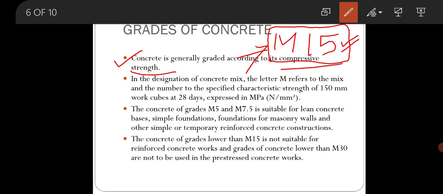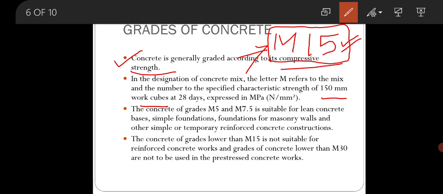And this number represents the characteristic strength of a 150 mm cube at 28 days, because the 150 mm cube is the standard cube used for the compressive strength test.